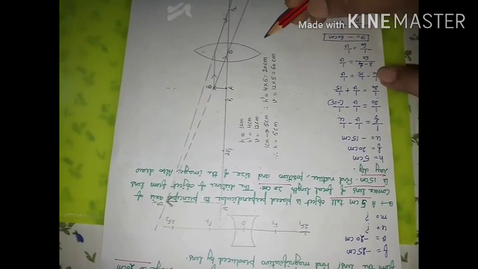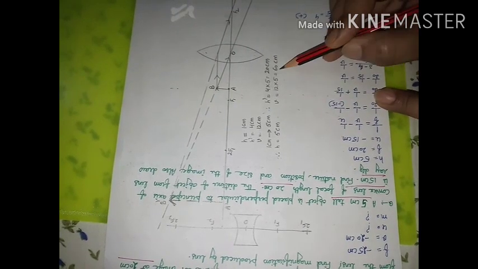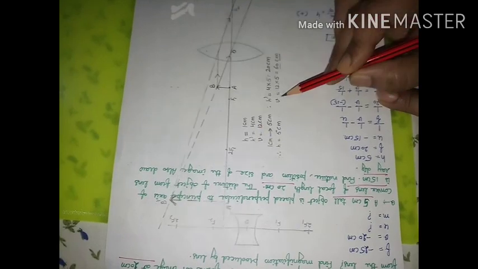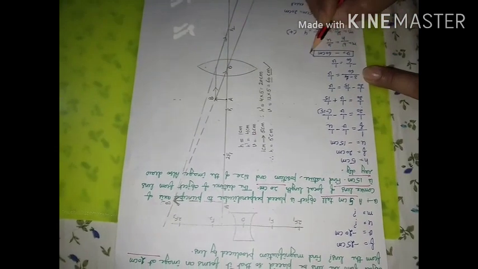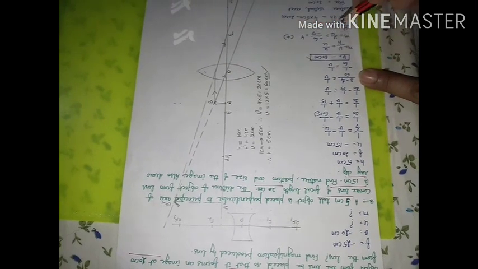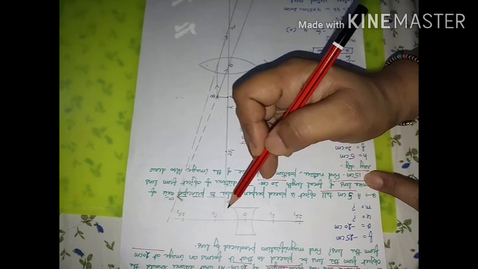So for us 1 centimeter was 5 centimeter, so 12 centimeter will be equal to 60 centimeter. So image will be formed at a distance of 60 centimeter. This 60 and this 60 are the same. Image is above principal axis, virtual and erect.